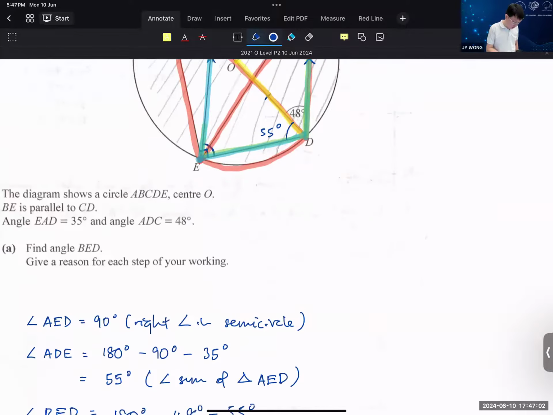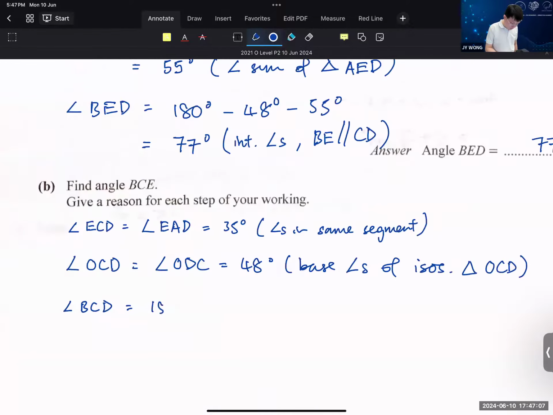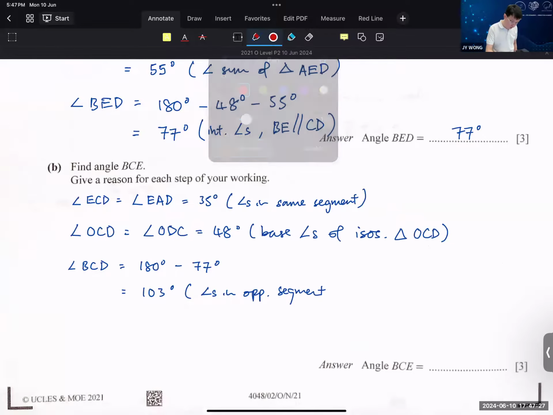So angle BCD is just 180 minus what you found in part A, which is 103 degrees because angles in opposite segment. Alternative reason, opposite angles in cyclic quadrilateral, whichever reason your school taught you.